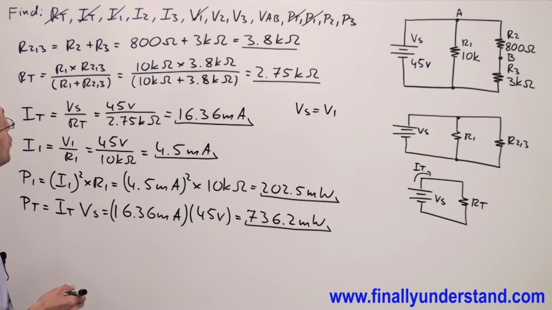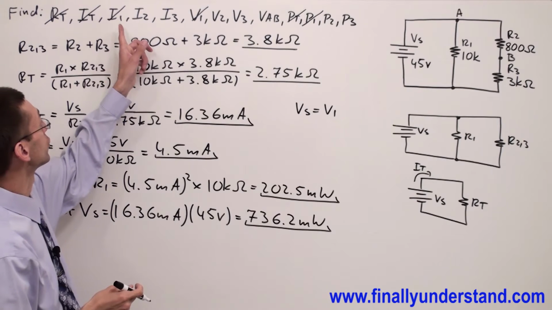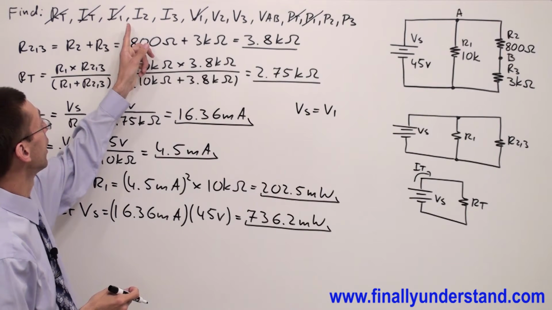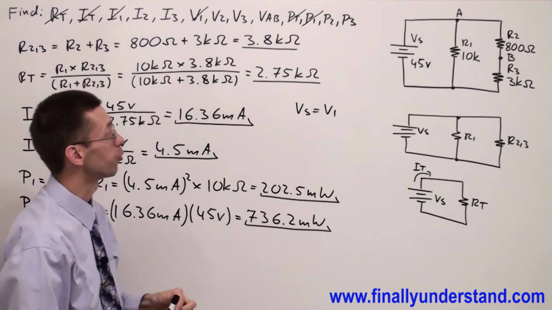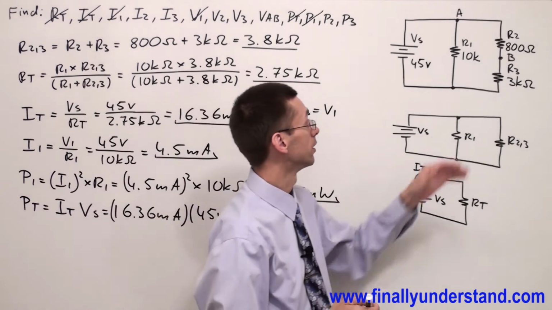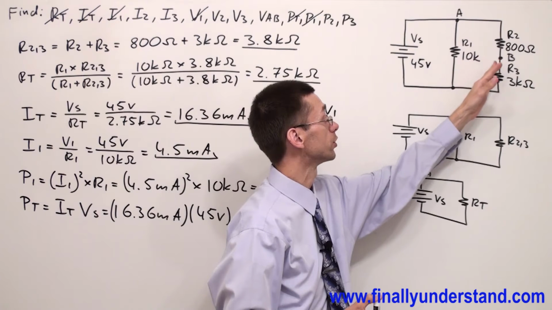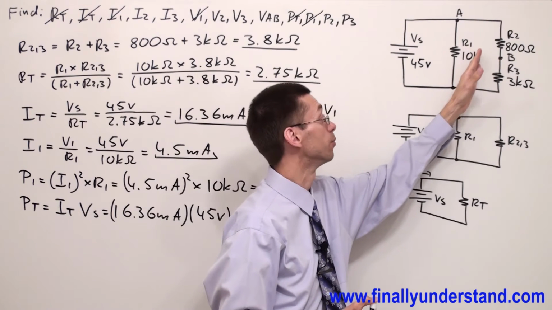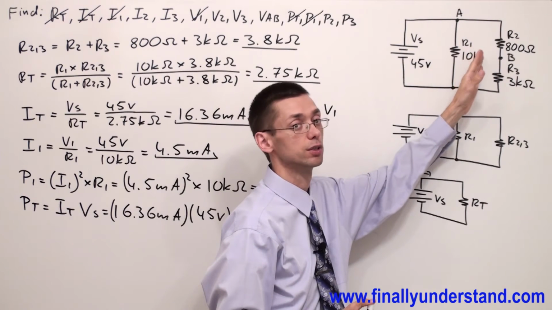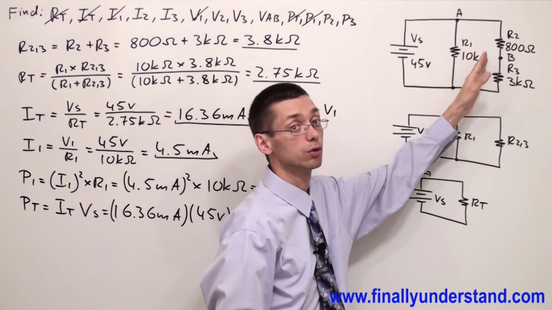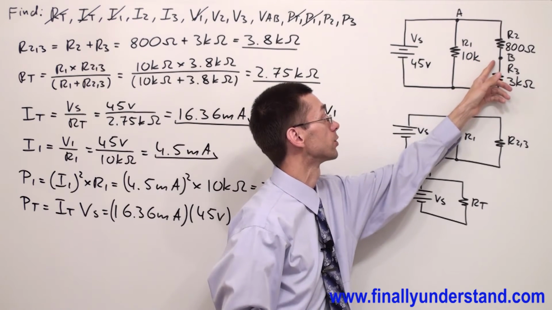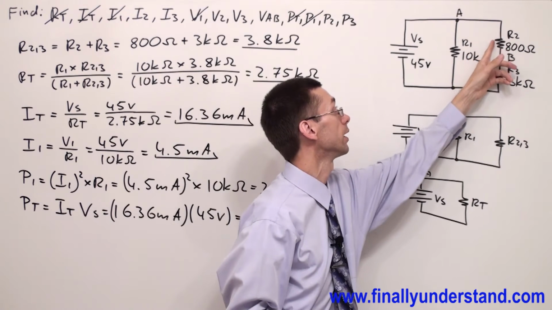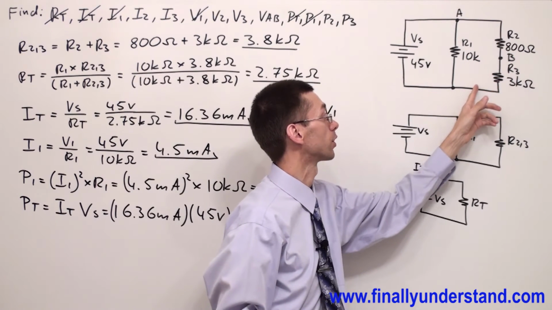Next, we're supposed to find the current which goes through resistor R2 and the current which goes through resistor R3. Please notice that these two resistors are in series, right? We mentioned this before, but many students have a tendency to forget or get confused. These two resistors are in series, okay? So we have just one path for current to flow.